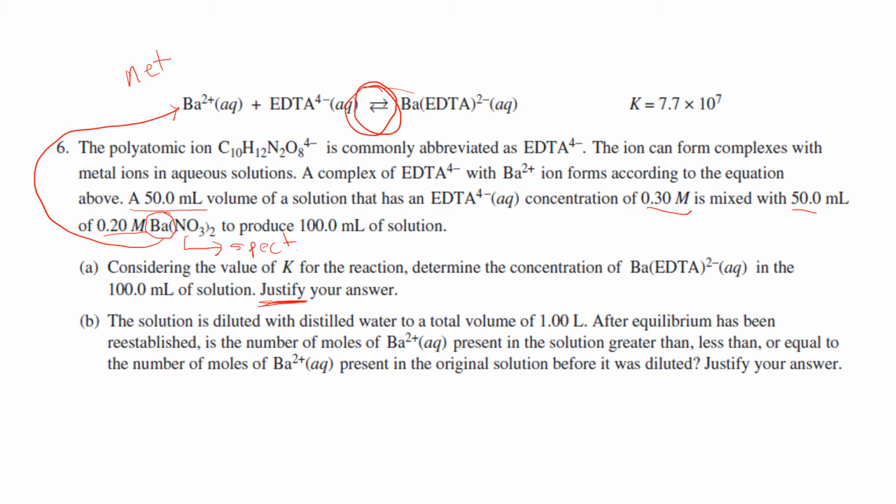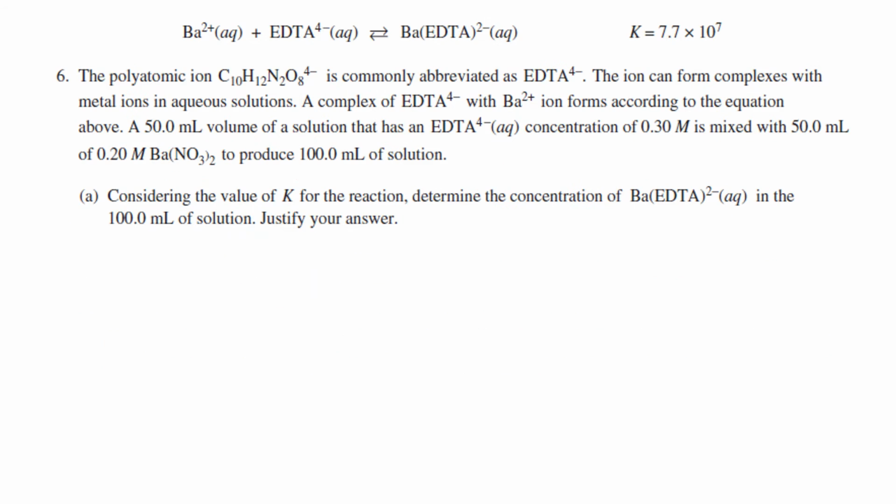And part B is now we're changing the solution by diluting it down. After equilibrium is reestablished, is the number of moles present greater than, less than, or equal to the number in the original solution? Justify your answer. So that is really a claim, reasoning, and evidence type of problem. So let's look at part A first.